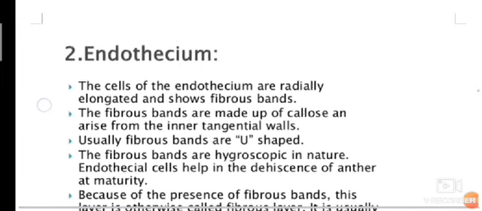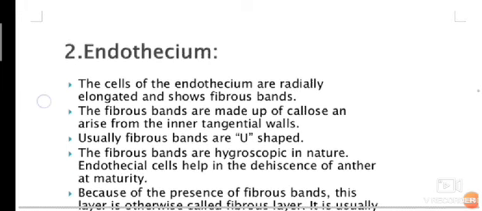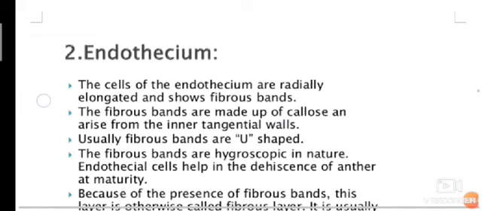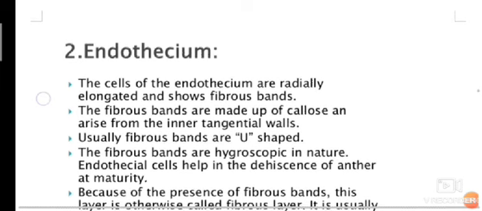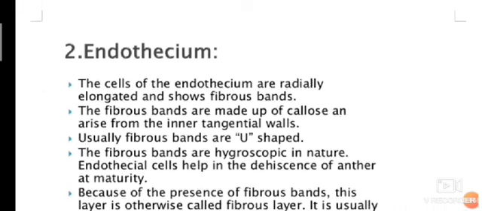Endothecium. The cells of endothecium are radially elongated and show fibrous bands. The fibrous bands are made up of callose and arise from the inner tangential walls. Usually, fibrous bands are U-shaped.